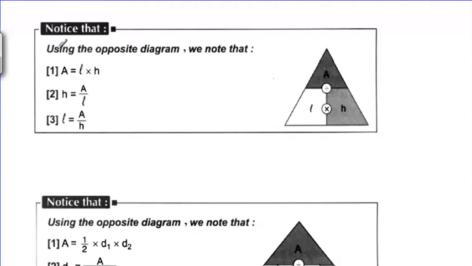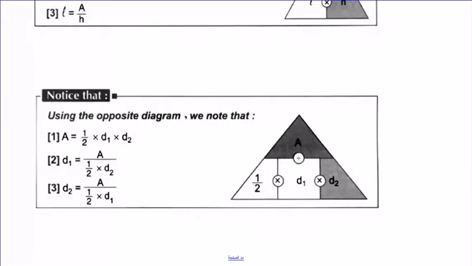If you want the side length and you have the area and the height, you will use this rule: the height equals area divided by length, or length equals area divided by height. Okay, using the opposite diagram, we know that area equals half times d1 times d2.